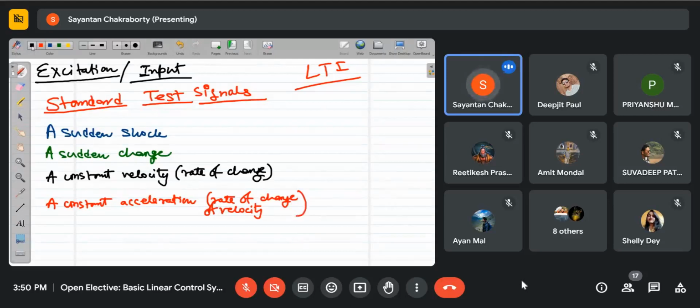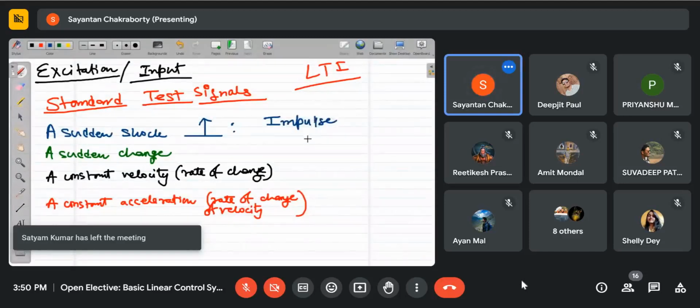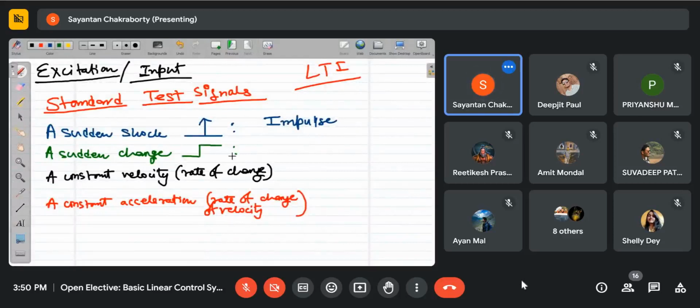Now, a sudden shock means, so how can you represent this in terms of a standard mathematical signal? Impulse. Sudden change: step.